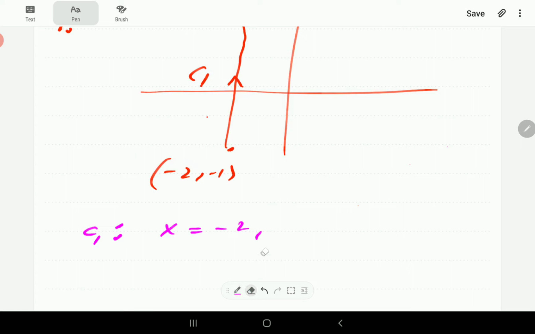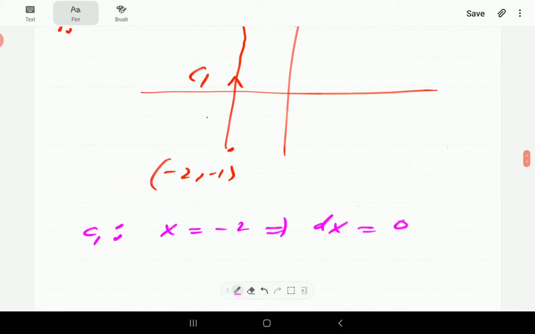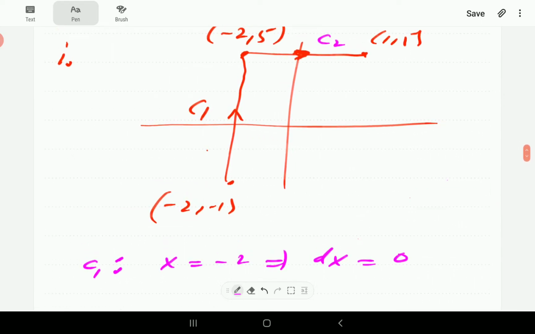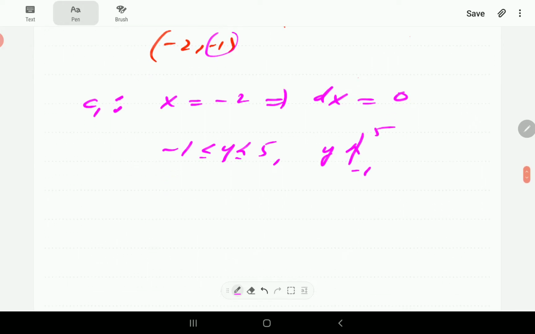Now, if x is equal to -2, if we differentiate on both sides, then dx is going to be equal to 0. Then the other thing are the limits of y. So along C1, y varies from -1 to 5. Those are going to be the limits of y.